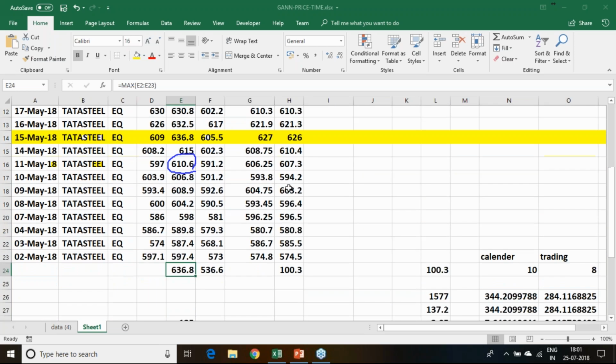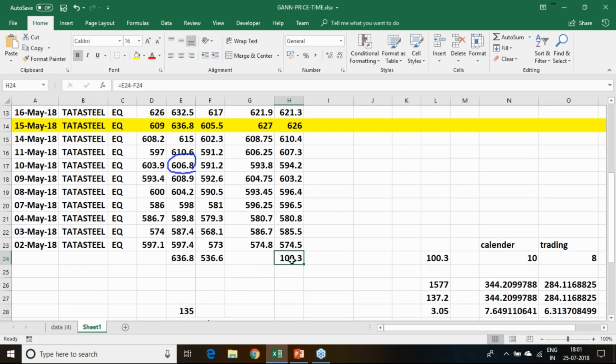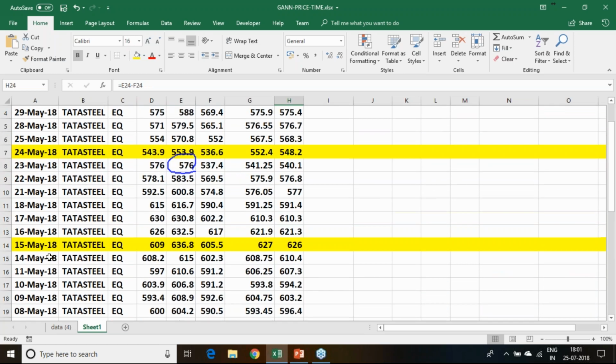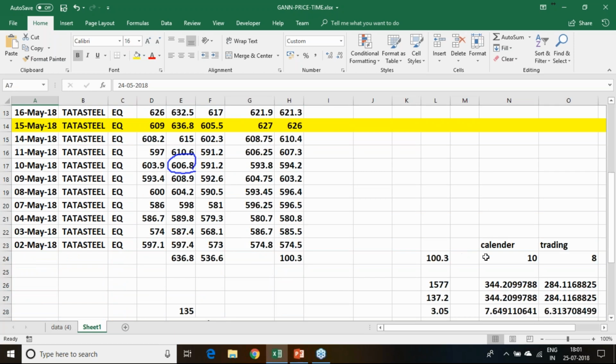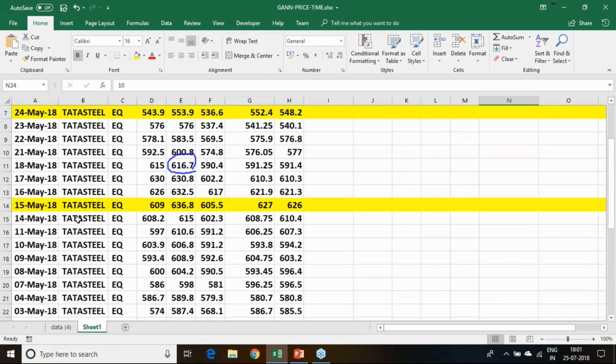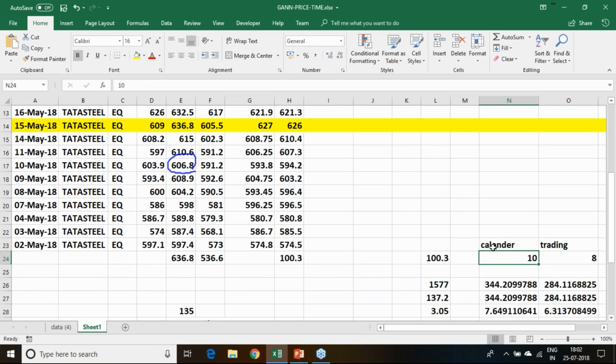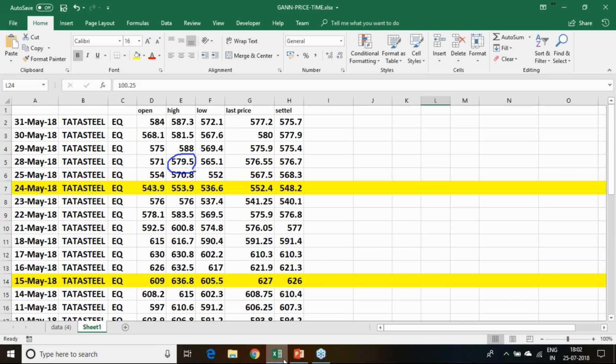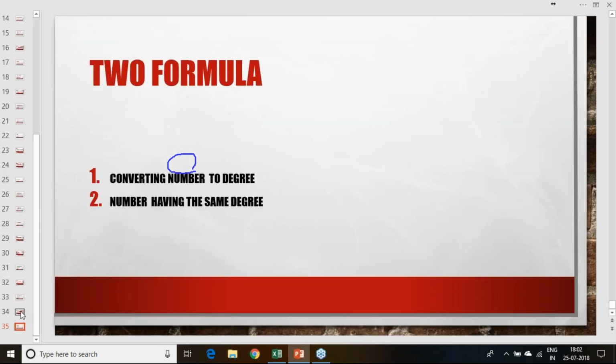This is the info we have. Between this high and low, a 100-point movement happened, and between 15th and 24th May we have 8 trading days, which is 10 calendar days. So 10 calendar days, 8 trading days, and a price range of 100 points.